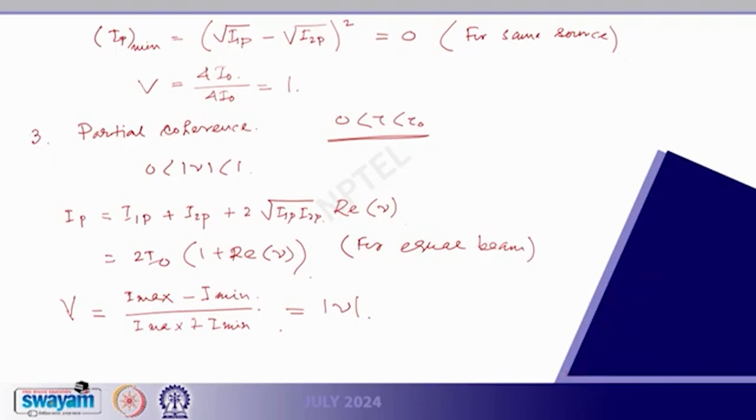Hopefully you understand I did all the detailed mathematics with the physical correspondence to make you understand how, when two lights are coming from the same source but through different paths, there is a time lag, and how this time lag leads to the concept of degree of coherence, and we get partial coherence.